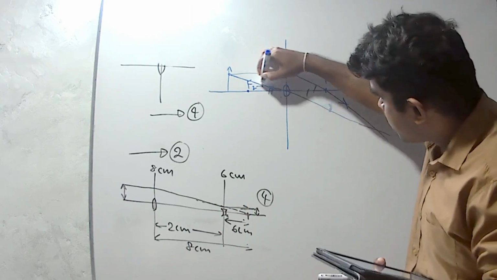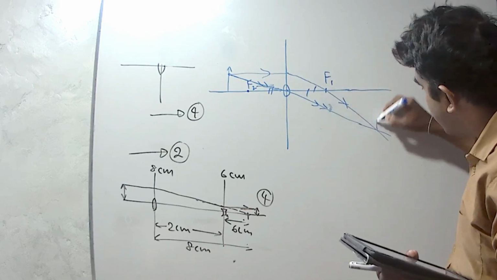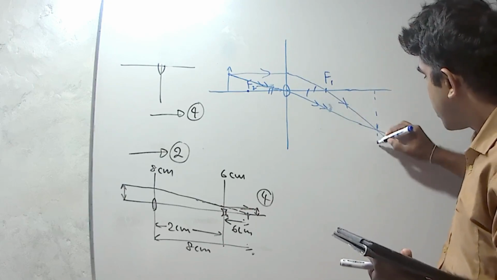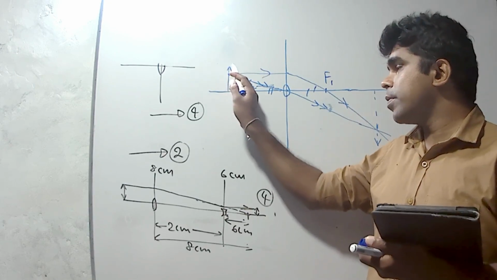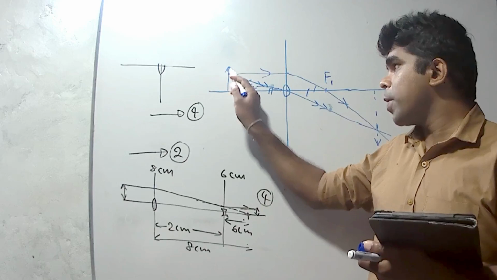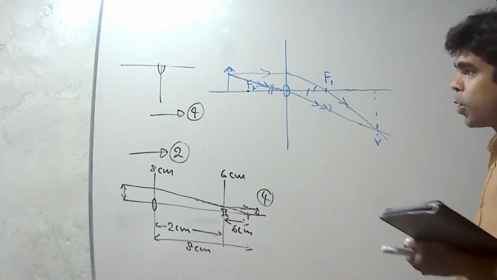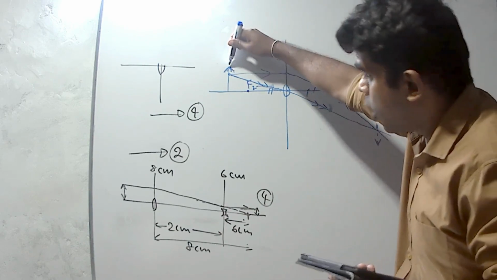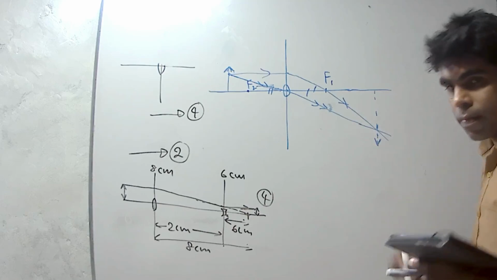Now we can define where the image should be formed. It is not this point, which means it is not the top of the object. Therefore, the top of the object should be like this.